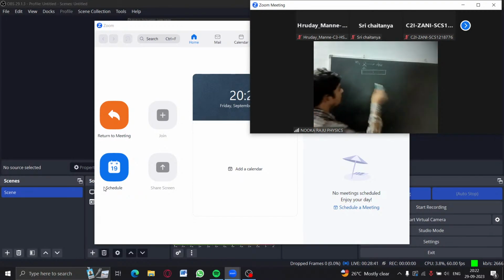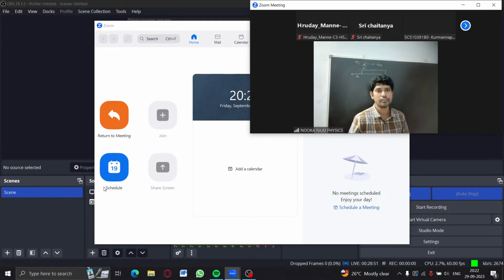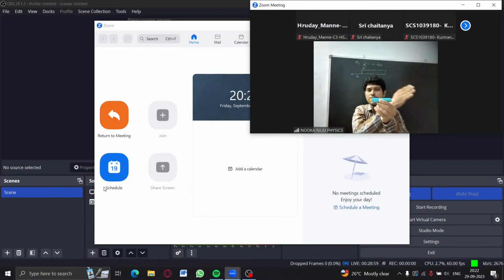Now when the boy's position changes, automatically the plank position also changes in the opposite direction of the boy's movement. For example, boy stands here. When the boy's position changes, the plank position also changes in the opposite direction. This is very important. This is relative motion. So here we observe the relative motion between boy and plank.